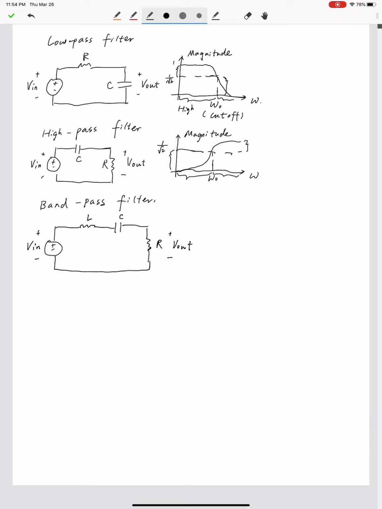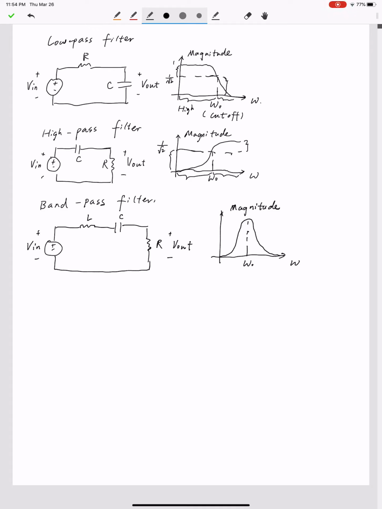And also last time I gave you the plot of the magnitude of the bandpass filter with respect to omega. This plot is similar to a bell-shaped curve. It has a peak point, omega 0, which is defined as the central frequency.